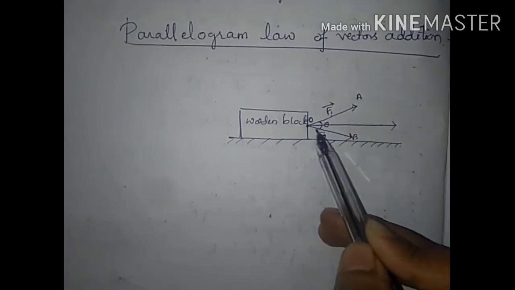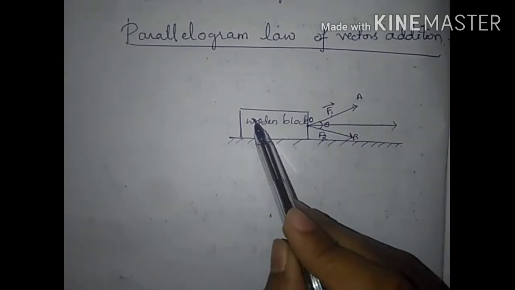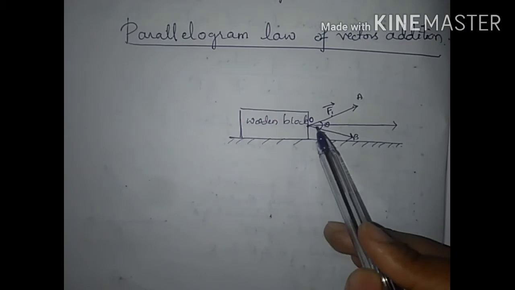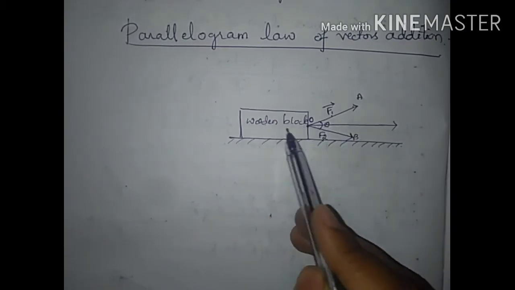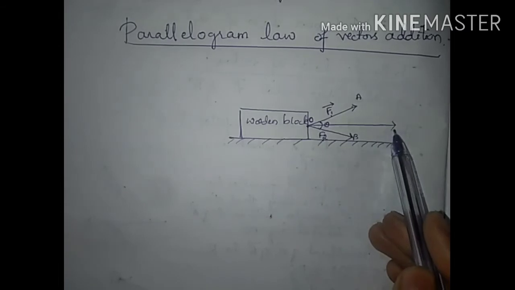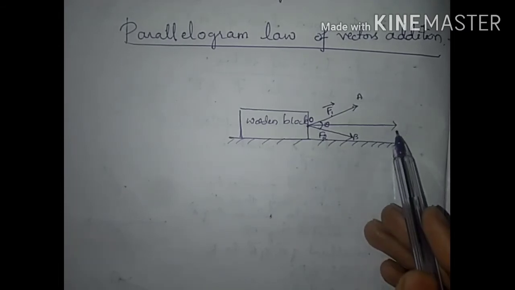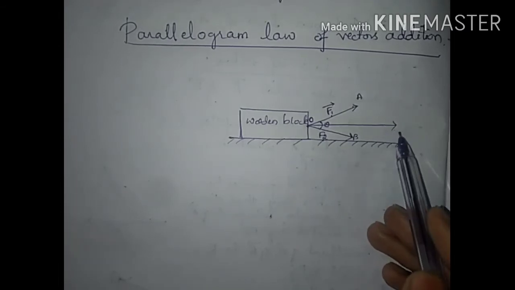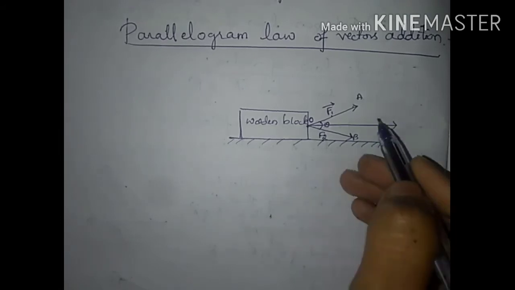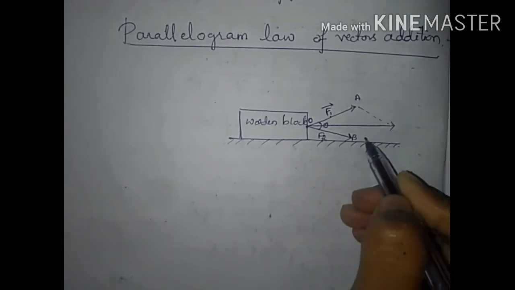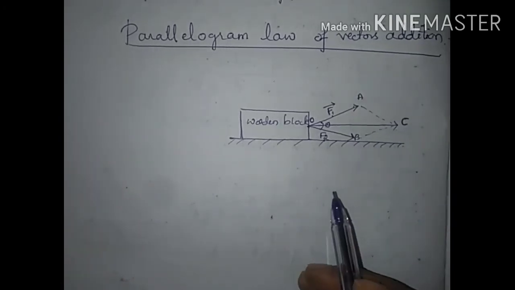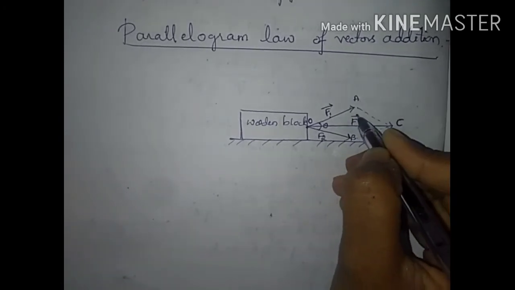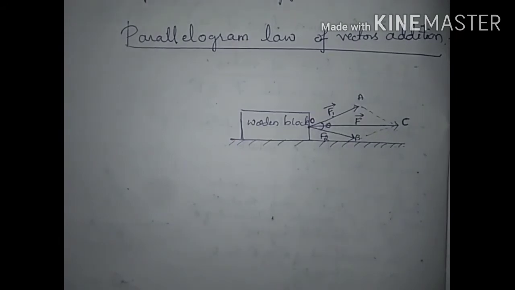F1 is in this direction and F2 is in this direction, but the wooden block will not move in the F1 direction or the F2 direction. It will move along the diagonal of the parallelogram. If you join this, it forms the parallelogram. So this here is the resultant force.